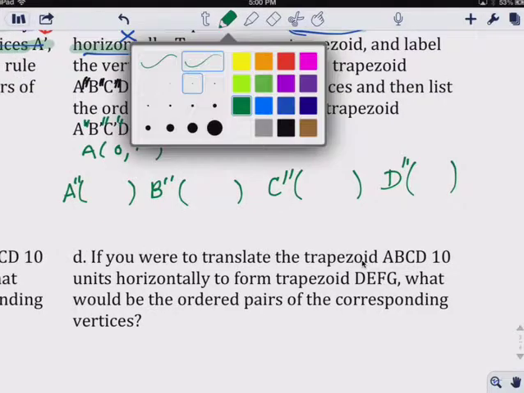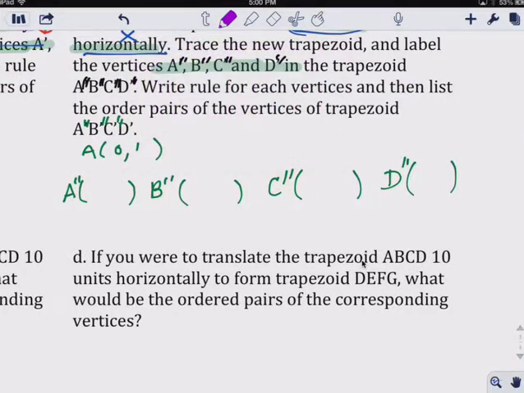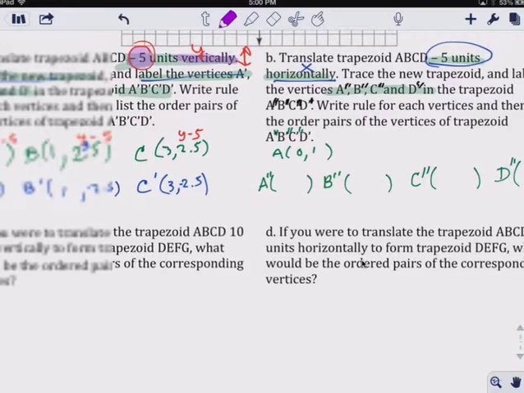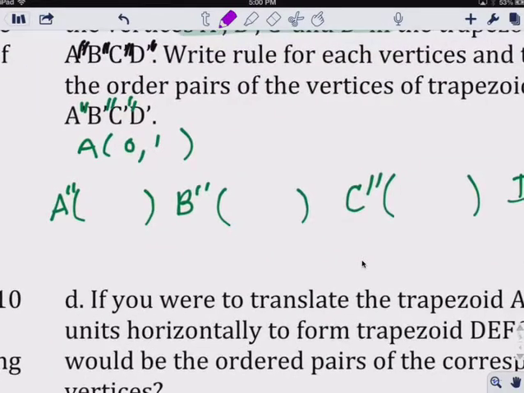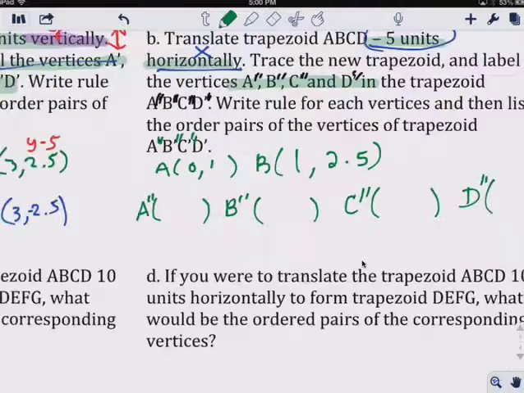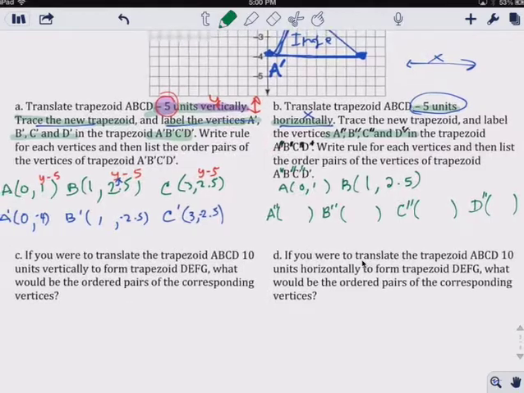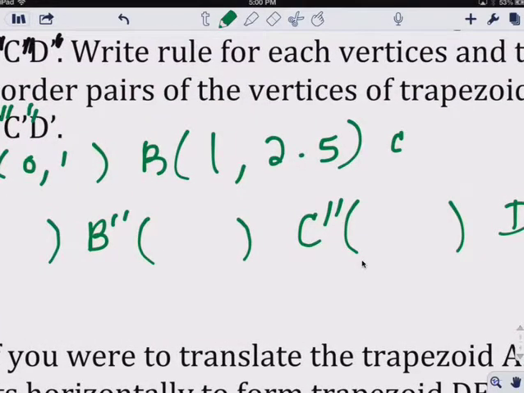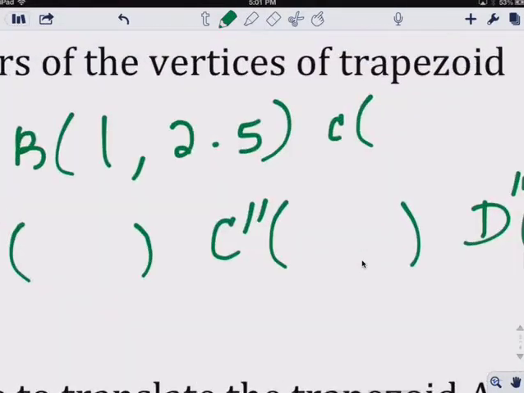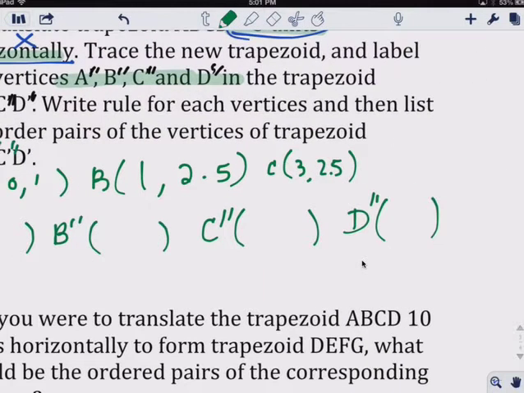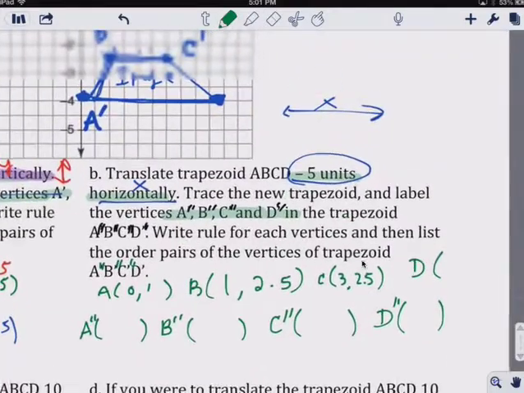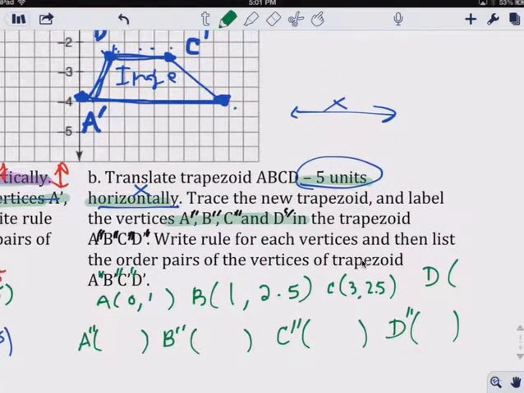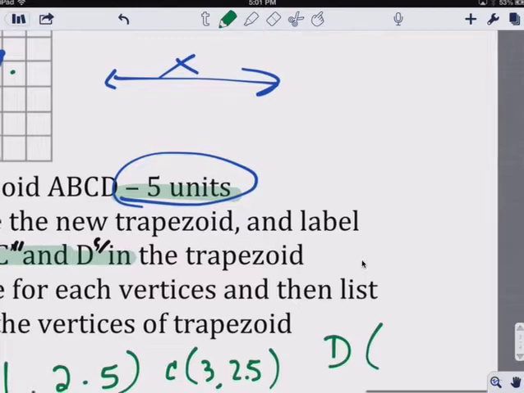Alright, so here the original ordered pair is 0, 1, B is 1 and 2.5, C is 3, 2.5, and D is, let's see, I erased it already. Oh no, this is D, 5, 1.